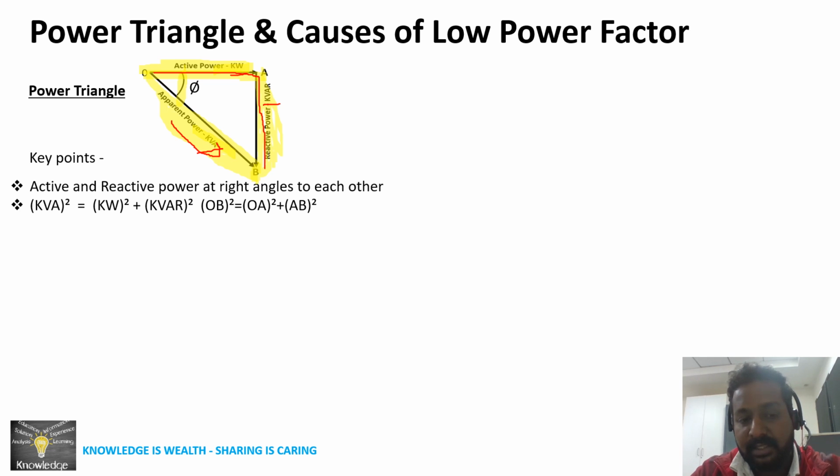So kVA is always higher than kilowatt. kVA squared is equal to kilowatt squared plus kVAR squared. If there is no kVAR, no loss, which is practically impossible, then only will our capacity reach the kilowatt value.